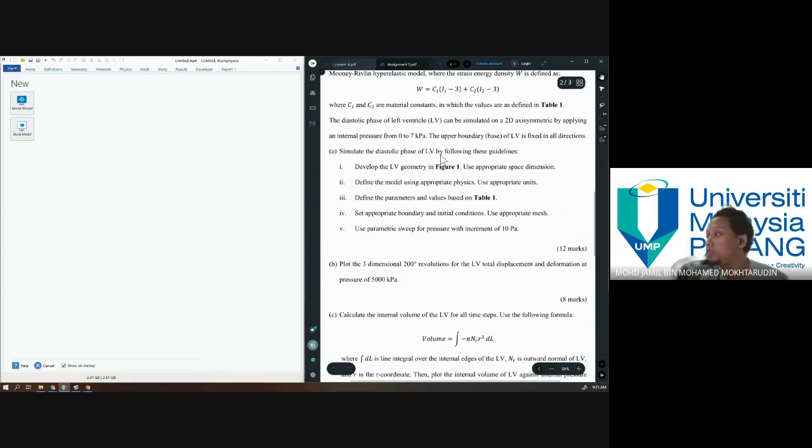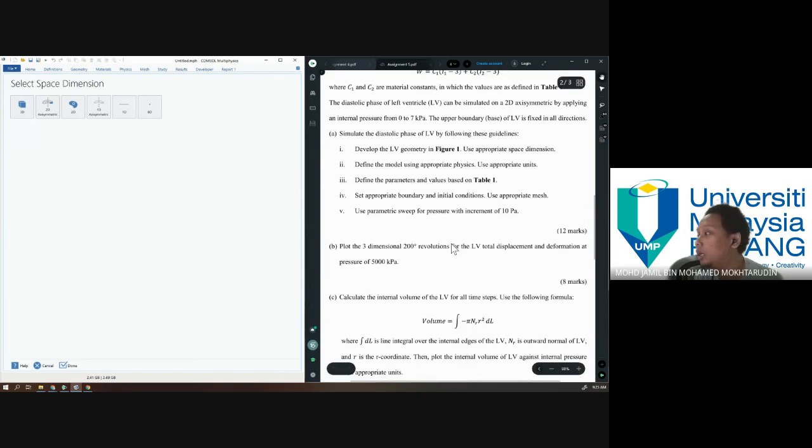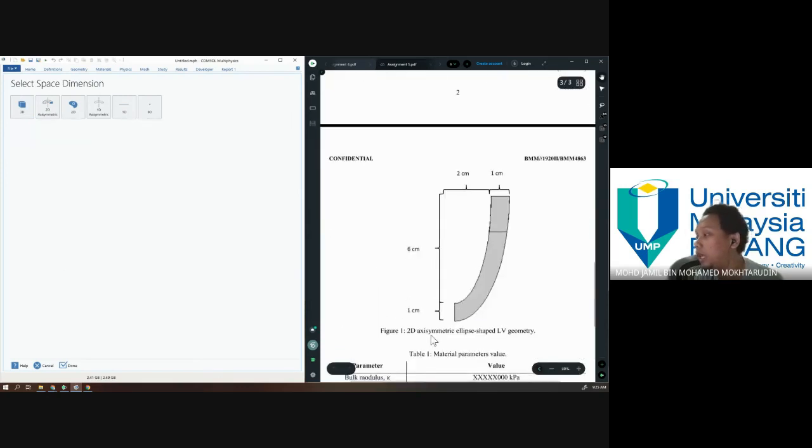So simulate the diastolic phase of LV by following this guideline. Okay, develop the LV geometry and then define the model using appropriate physics, define the parameters, set appropriate boundary and initial condition, and use parametric sweep. So let's start by choosing the model wizard. And then the geometry is in axis symmetric, 2D axis symmetric.